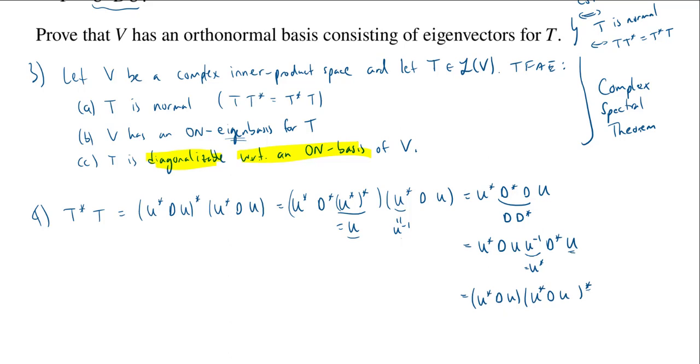You have D star, which goes in the middle, and then you have U star, which goes at the front. This first bit is exactly what T is, and the second bit is exactly T star. And so we've shown that T T star is equal to T star T, and therefore T is normal, and therefore V has an orthonormal eigenbasis for T.